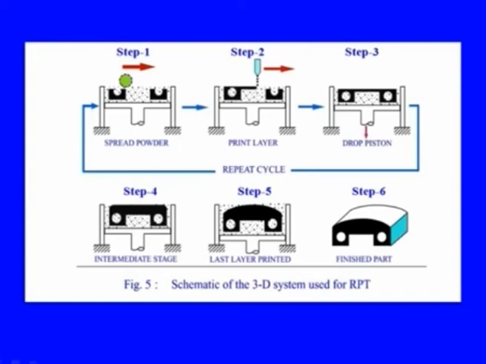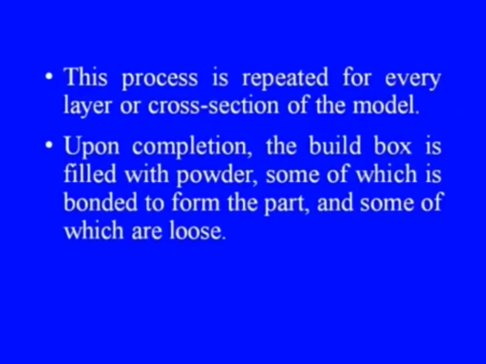This is nothing but the 3D printing system which I was talking about at the beginning. This process is repeated for every layer or cross section of the model. Then upon completion, the build box is filled with powder, some of which is bonded to form the part and some of which is loose.